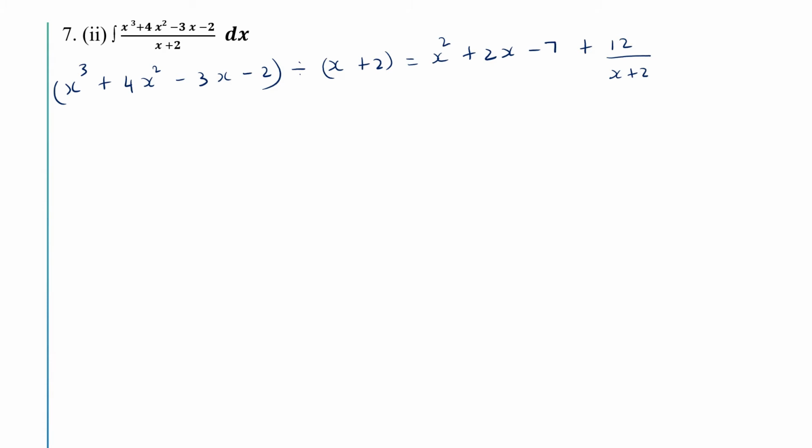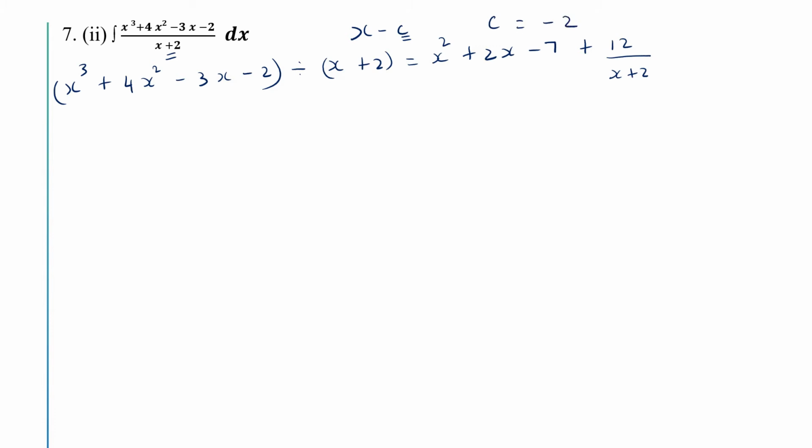We can use synthetic division when we want to divide any function by x minus c, where c is a constant. Here we have to divide by x plus 2, so c is minus 2.